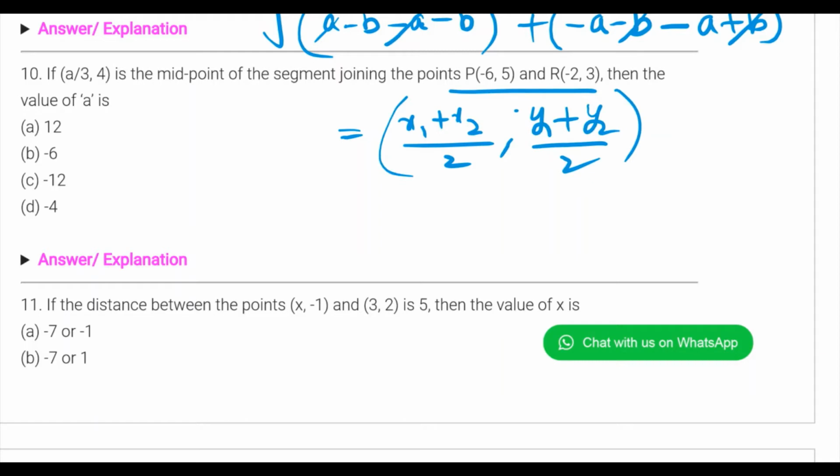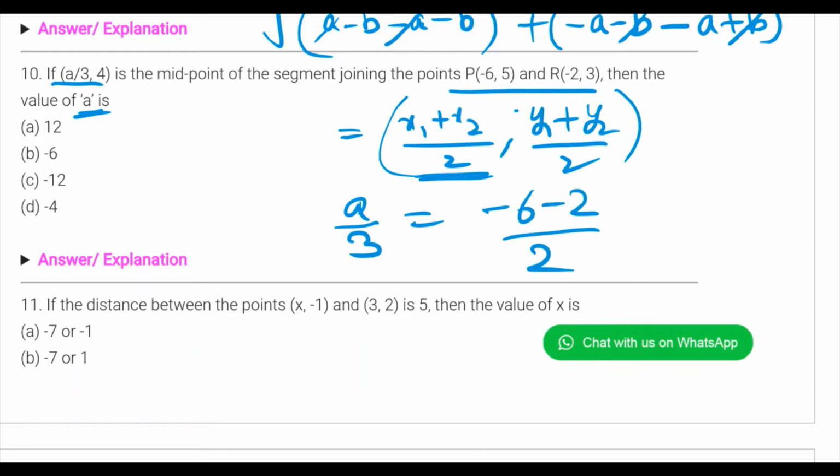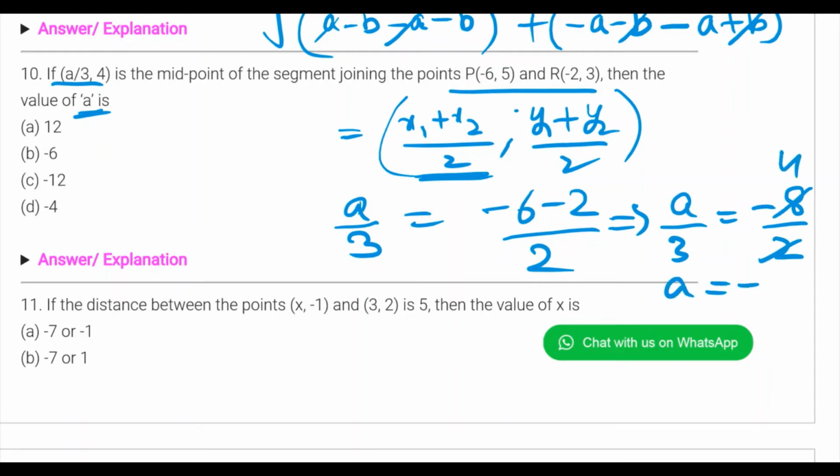We need to find the value of A. Just equate the x coordinate. The midpoint is given as a by 3. Equate this to minus 6 minus 2 by 2. That implies a by 3 equals minus 8 by 2. So this is 2, 4 times. A equals minus 12. Option C.